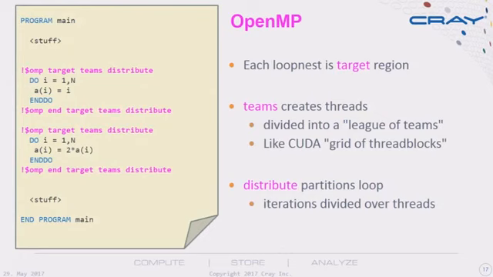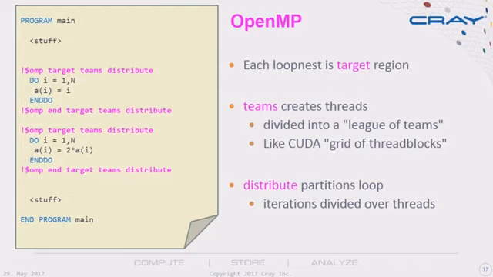And for OpenMP, we just do the OpenMP target teams distribute statements. So target just means that you want to perform this calculation on the GPU. Teams create leagues of teams. In CUDA, we call it a grid of thread blocks.